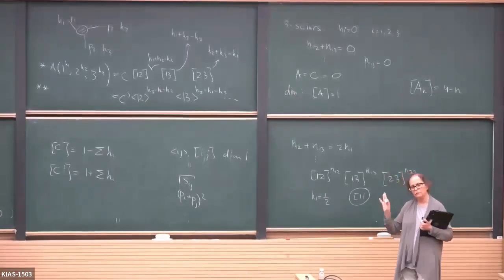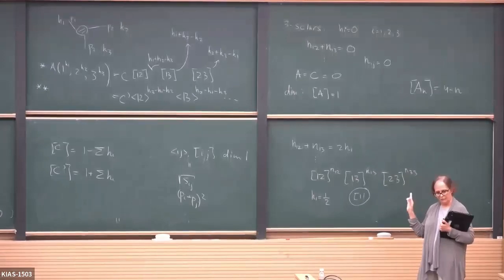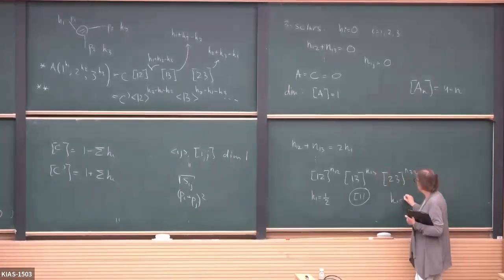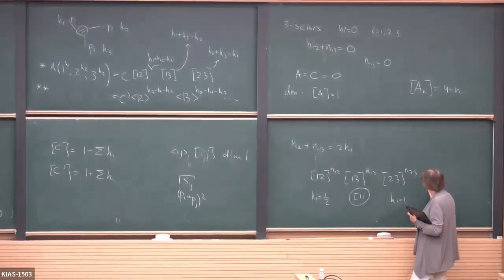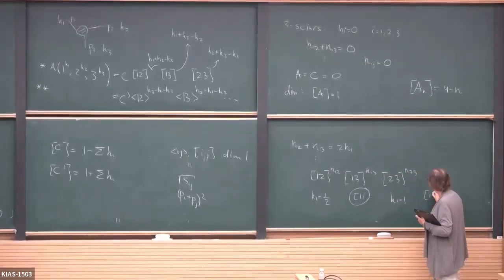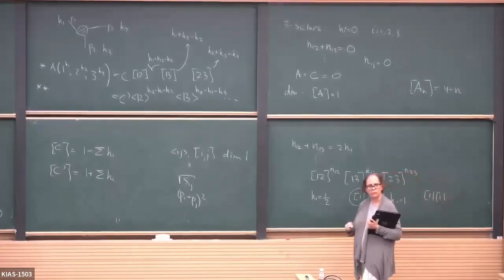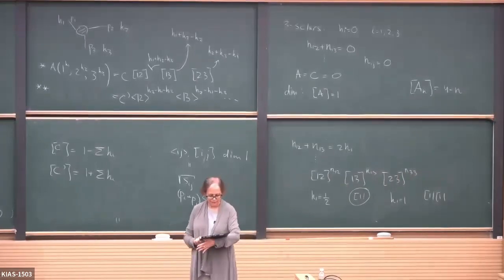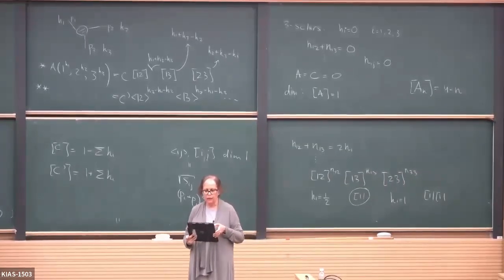We're just counting that. On the other hand, if my h1 is 1, that is a vector, then I should have 2 of these up here. This is all we're doing. Super naive.